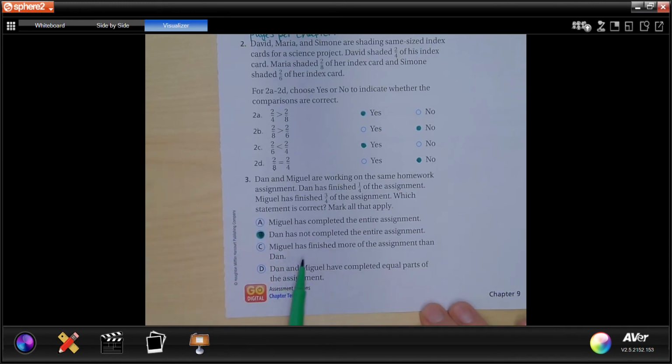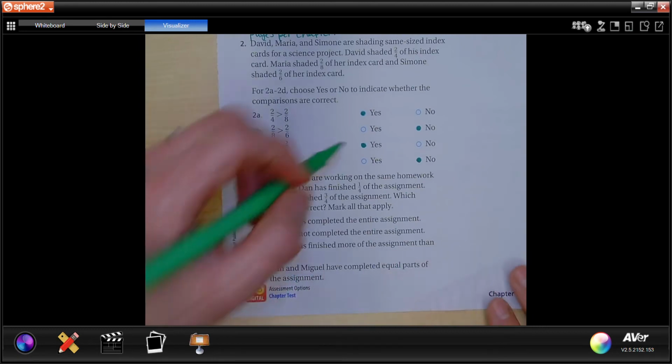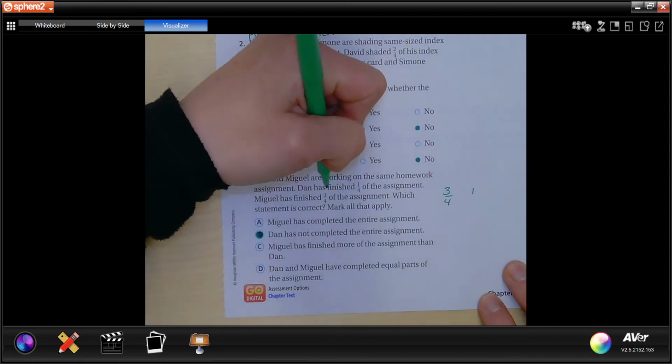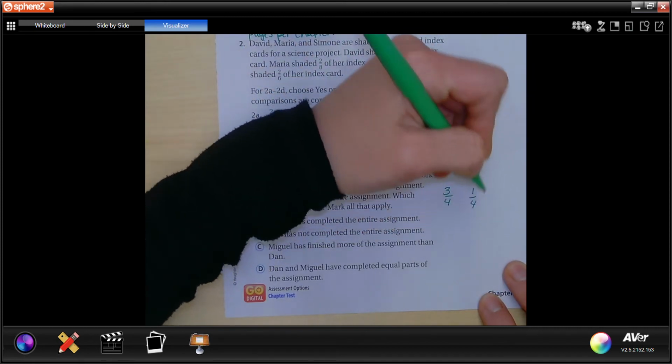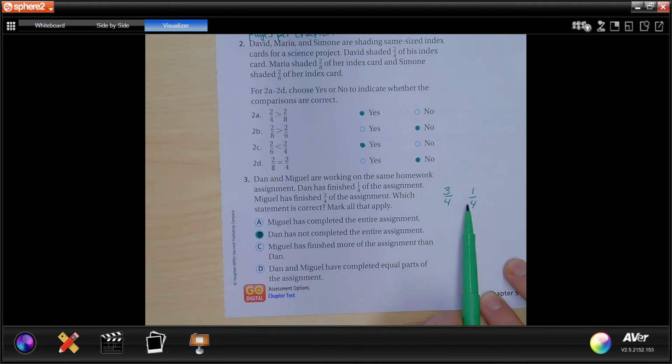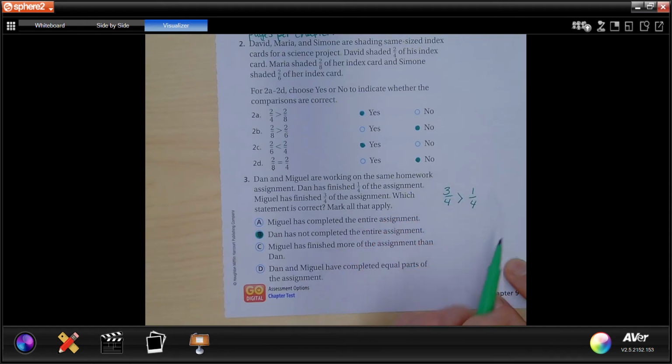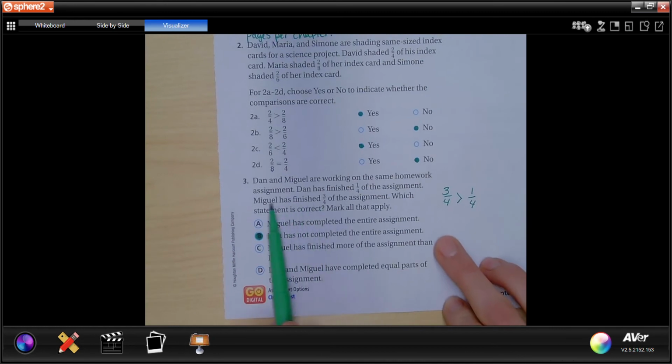C. Miguel has finished more of the assignment than Dan. Well, if we look at 3/4 and then Dan finished 1/4, we have the same denominator, so we're going to look at the numerator. So which one would have more shaded? 3/4. So 3/4 is greater than 1/4. So Miguel finished 3/4.